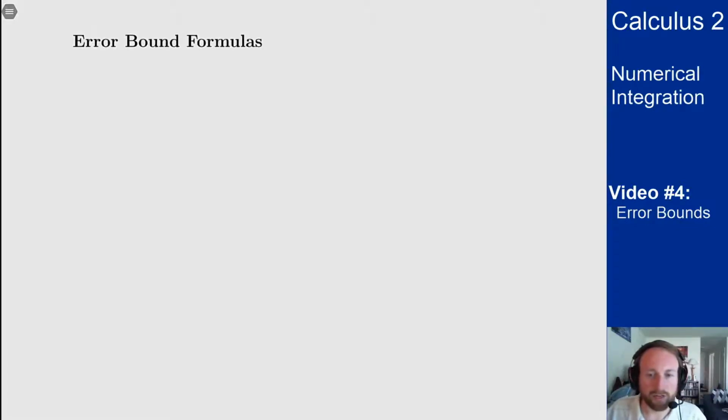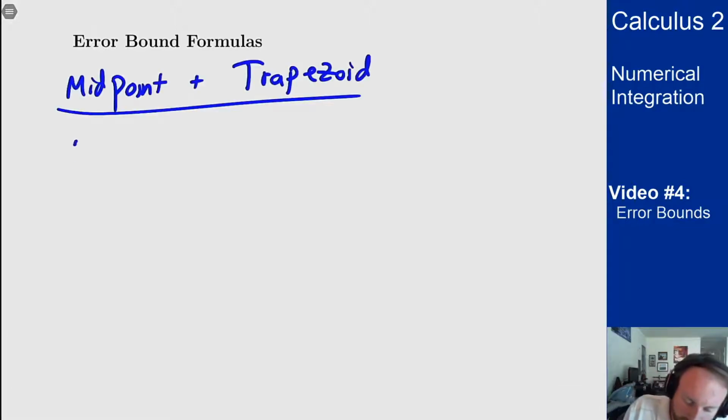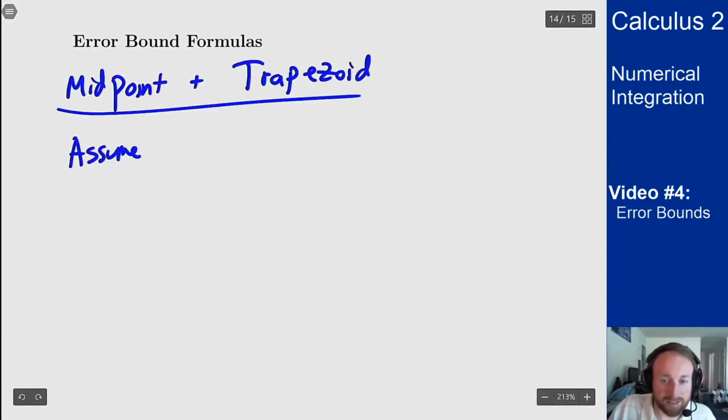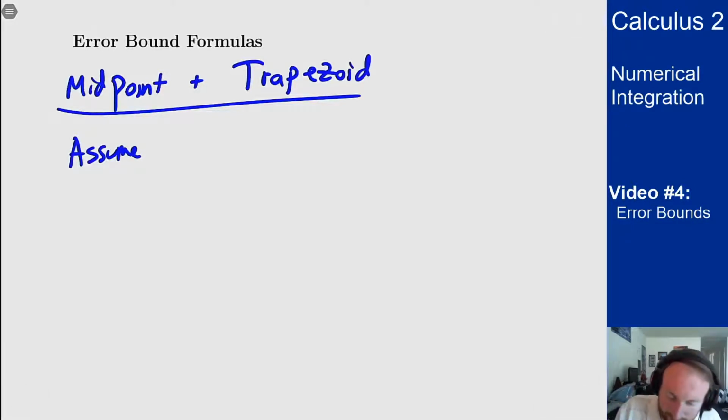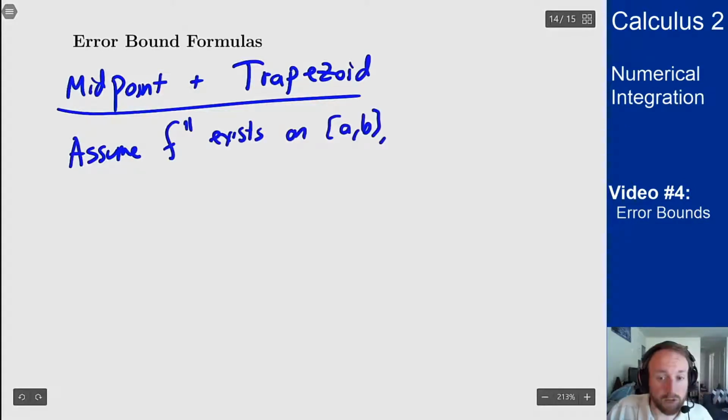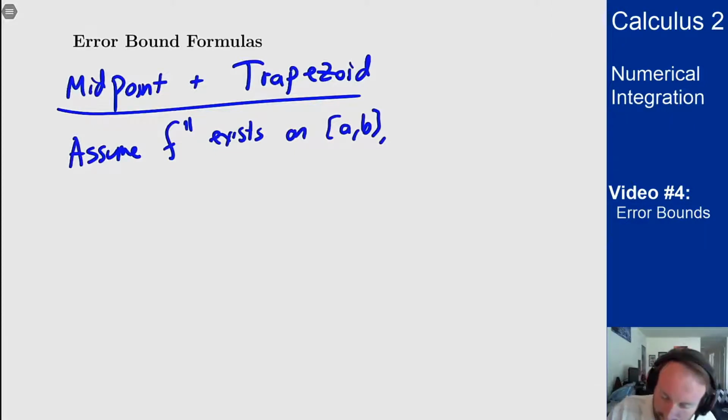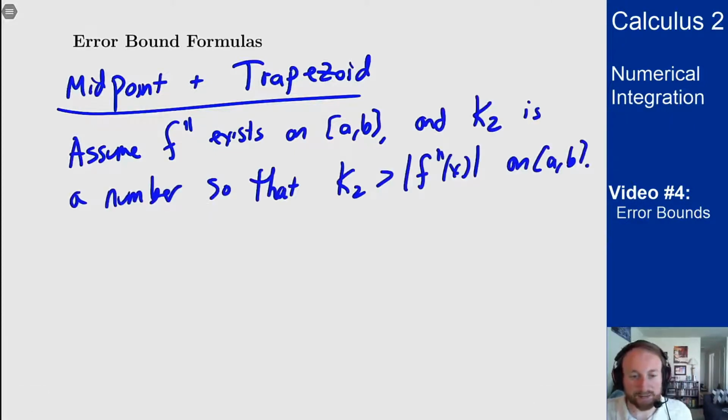For midpoint and trapezoid rules, I need to assume my function has 2 derivatives where I'm doing this calculation. So assume that my second derivative exists on the interval from a to b, and I have some number K2 that's bigger than the second derivative across the entire interval. My second derivative is not bigger than this number.